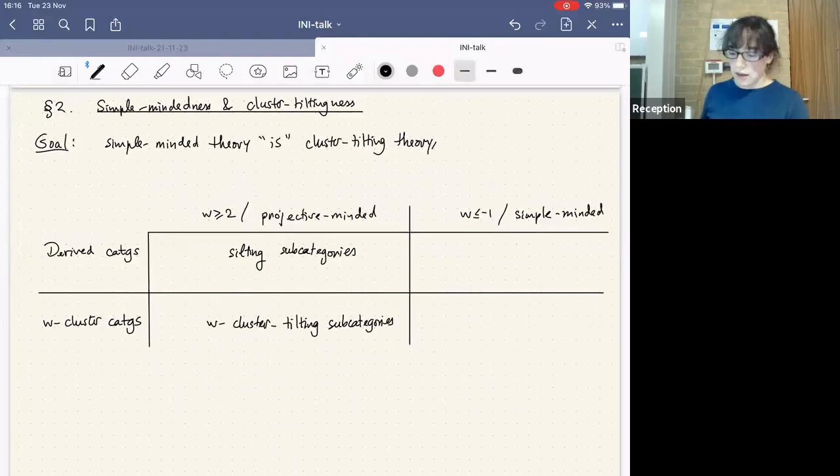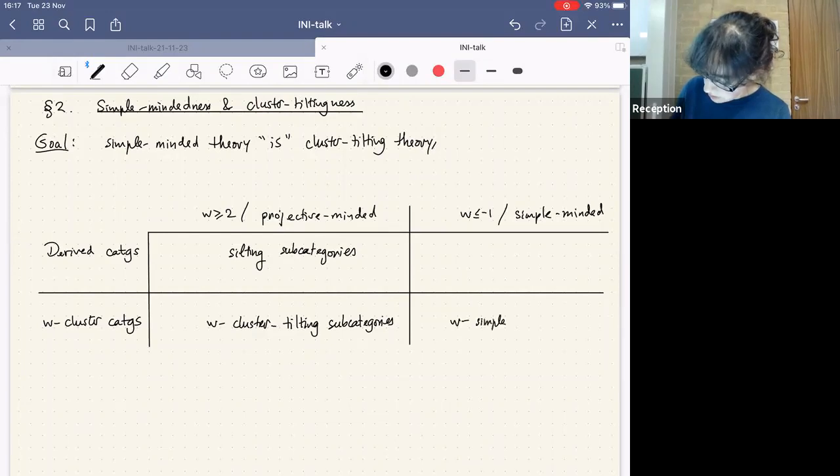Well, for W-cluster categories, we can consider a generalization of the notion of simple-minded objects, which was considered to study simple-minded stable module categories. We can generalize that to so-called simple-minded systems, W-simple-minded systems.